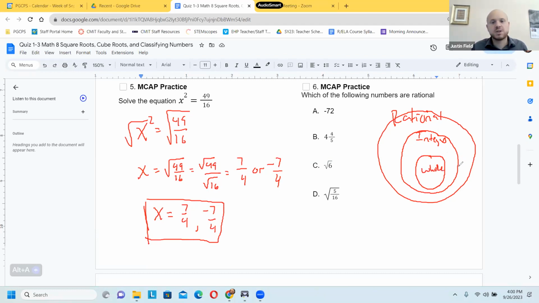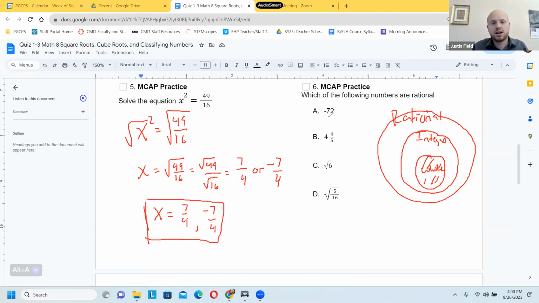So you can see from this diagram, if something is a whole number, it's in not only the whole number circle, it's also inside the integer circle. And whole numbers are even inside the rational circle. So a whole number is a rational number and an integer.